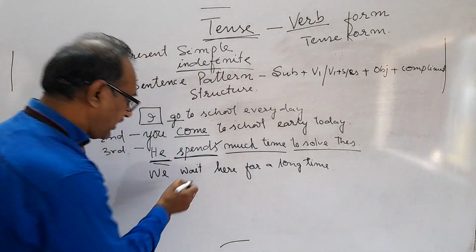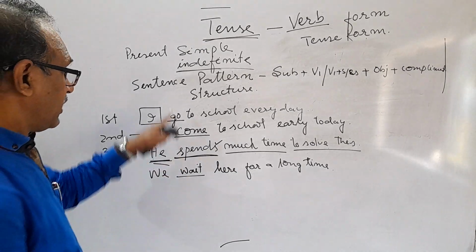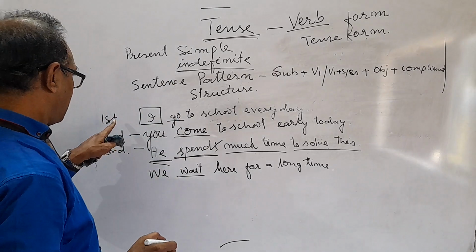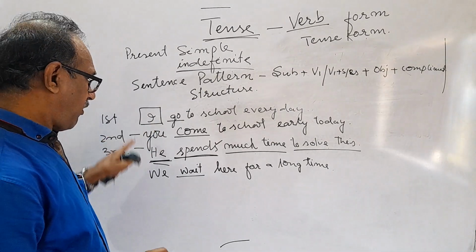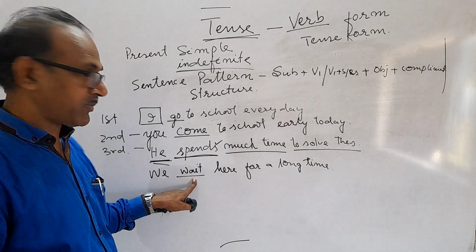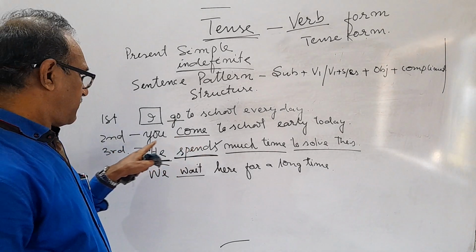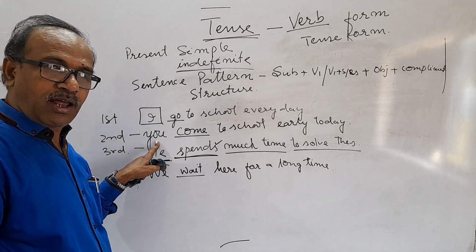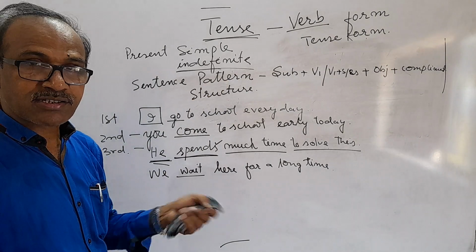Okay, so we wait here. So this is only verb 1. Clear? Okay, so this is the way. When the subject is first person, either singular or plural, we use only verb 1. In case of second person, the same thing happens. You may be singular, may be plural, but the verb is always verb 1 without S.